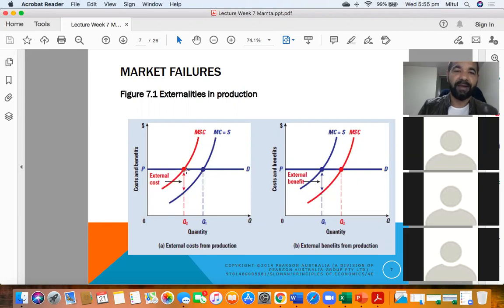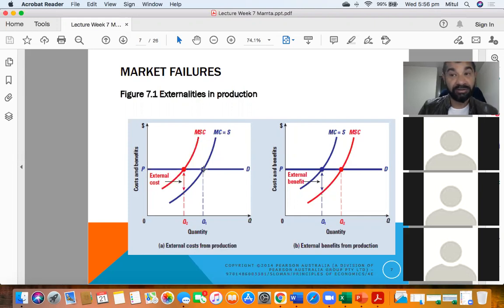And the red one is marginal social cost. Look, external cost from production. When you produce these things, external cost will come up. So the marginal social cost and the demand curve intersect. This is our general equilibrium.